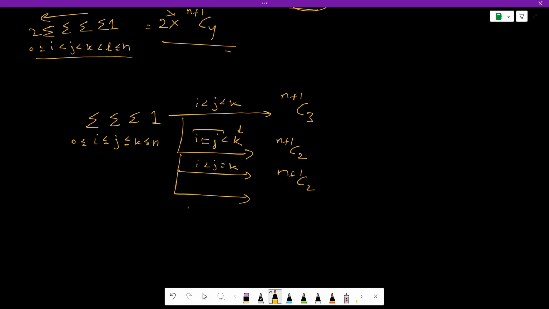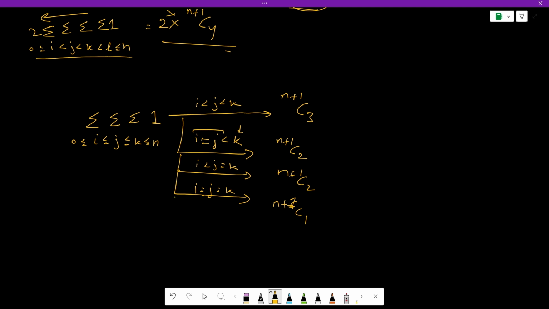Then the last case will be all equal, that is i equal to j equal to k. So we need to choose only one number, so it will be n plus 1 C 1. Right.